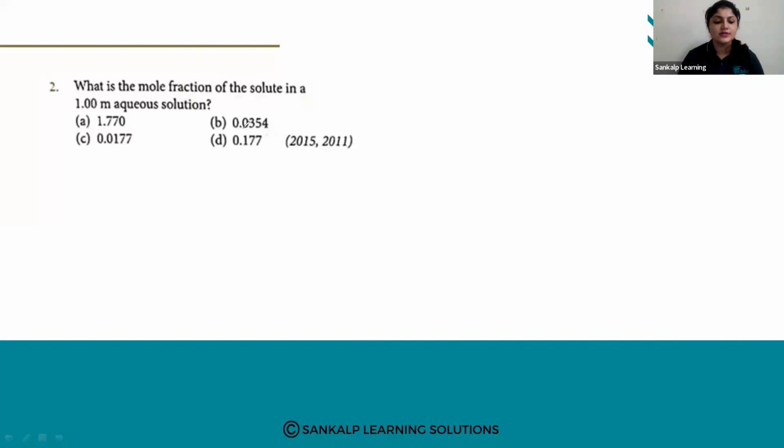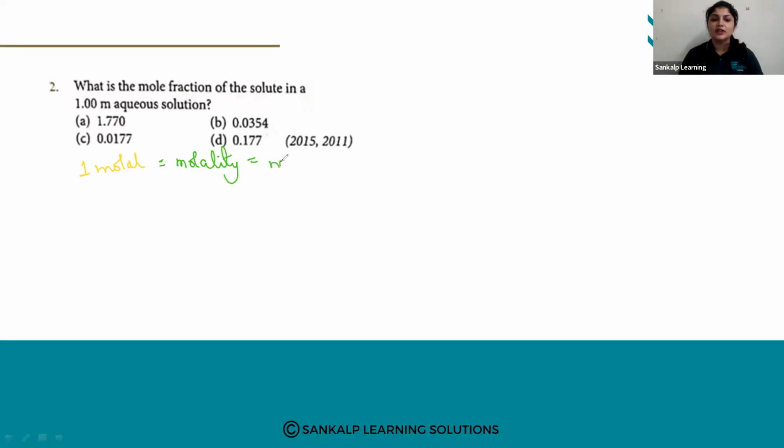So how to solve this? What do you mean by 1 molar? 1 molar is nothing but molality. How do you express molality?